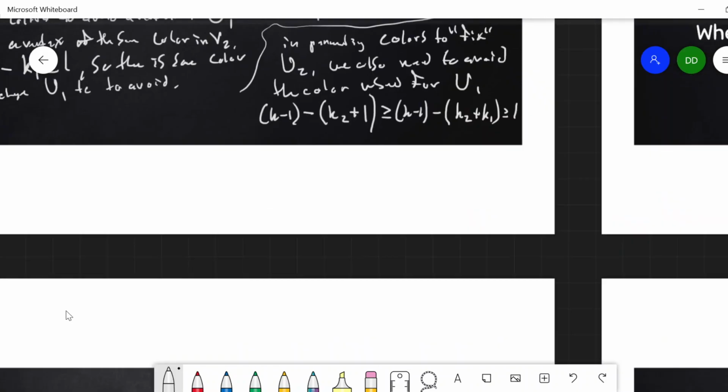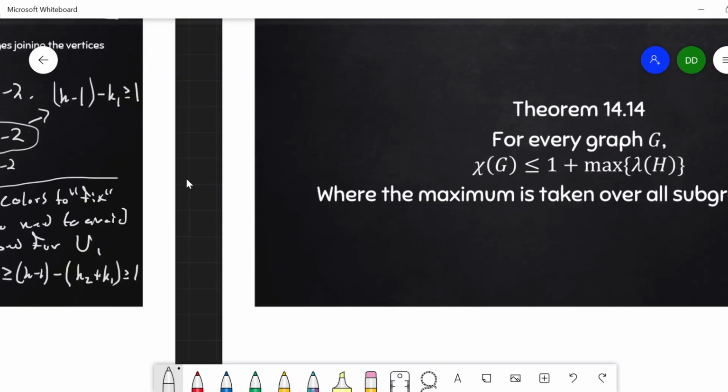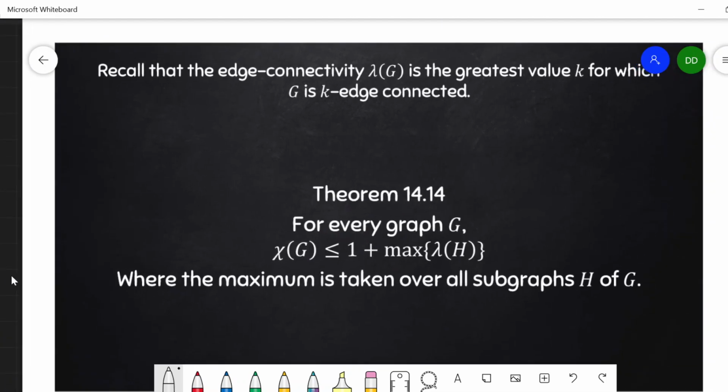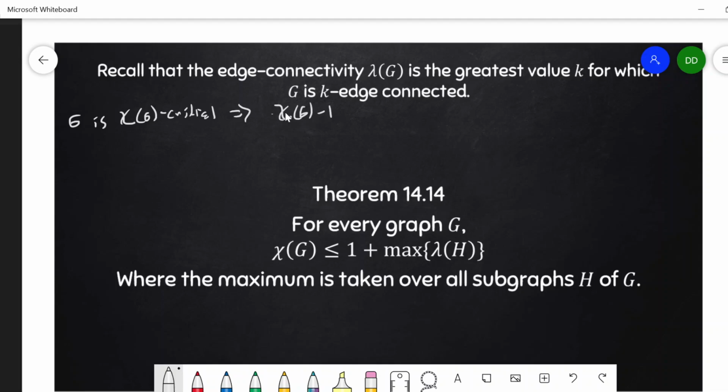All right, that's the idea there. So a couple consequences of this result. Remember that the edge connectivity of the graph is the greatest value of k for which G is k edge connected. That means if G is chi of G critical, then by the last theorem, it's chi of G minus 1 edge connected.